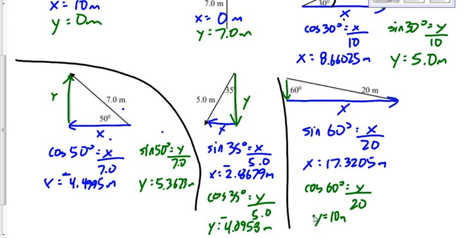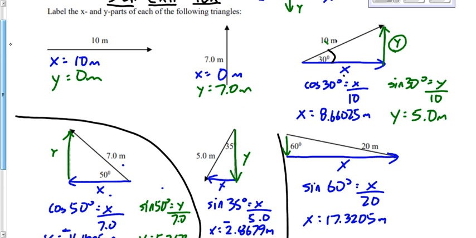Here's what I'd like you to do now for the remainder of class actually. Take a look at worksheet number 6, vector components. There's 8 questions on that page. The first 3 are like questions 1 and 2 right here. Then 4, 5, 6, 7, and 8 are all like the rest of the questions where you have to do sine, cos, and tan. Please do me a favor today, humor me.